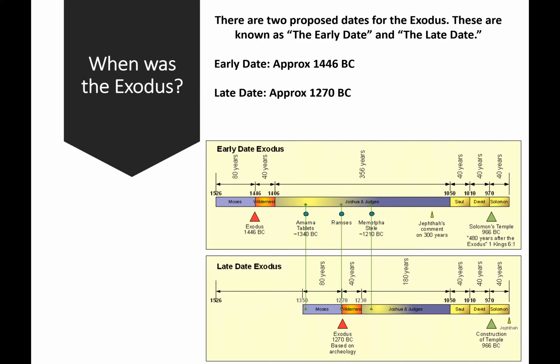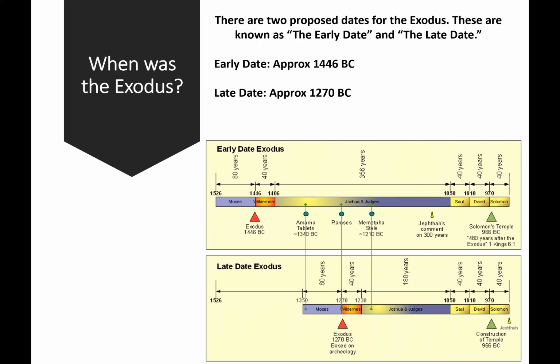You can see here on the chart that everything on the right side lines up. Both the dating from biblical sources as well as from the archaeology are very in sync from 1050 on, where we have the first king of Israel.